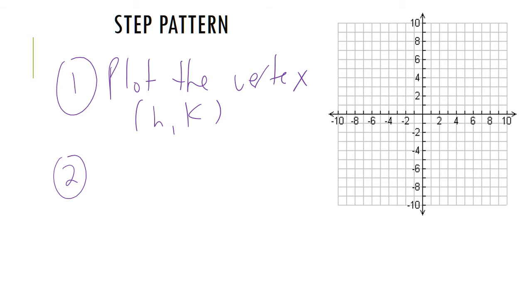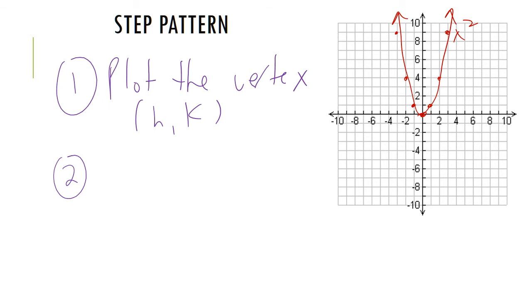If for a second we were to graph the original, I mentioned it a few times, x squared: 0, 0, 1, 1, negative 1, 1, 2, 4, negative 2, 4, 3, 9, negative 3, 9. So there's our standard x squared parabola.